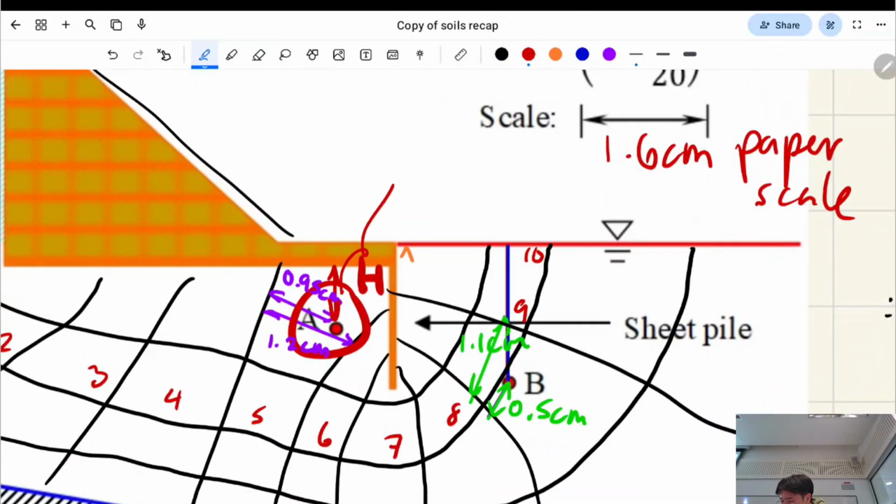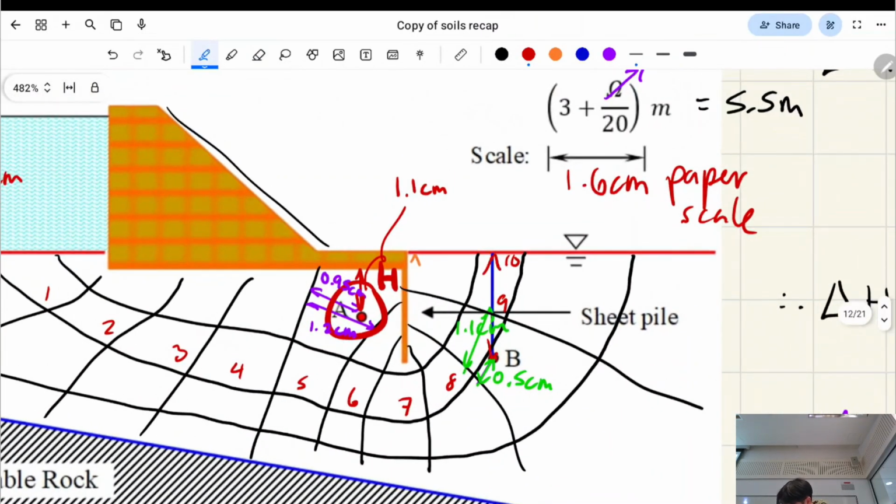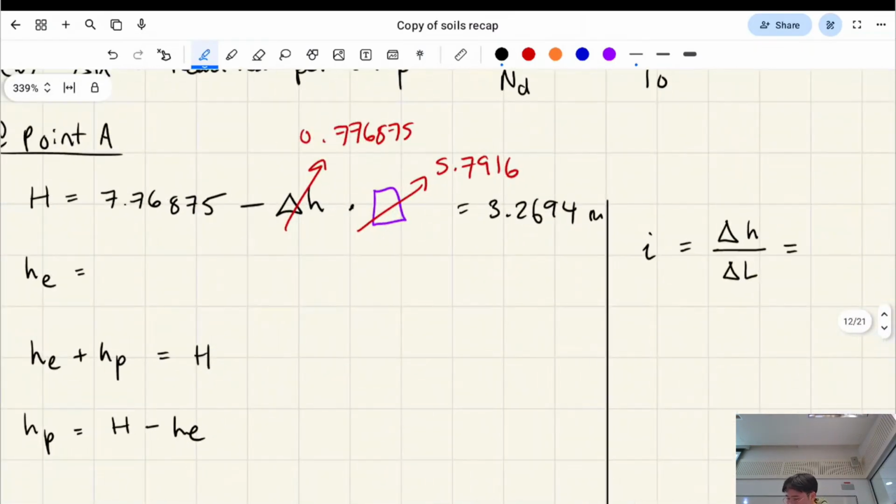That measurement is 1.1 centimeters, okay? We'll do the same thing for this one here, which is point B, because we're going to need it later anyway. That's 1.75 centimeters, right? So this one we are actually going to have to convert to a meter scale, from centimeters to meters.